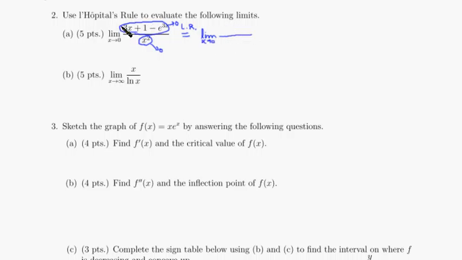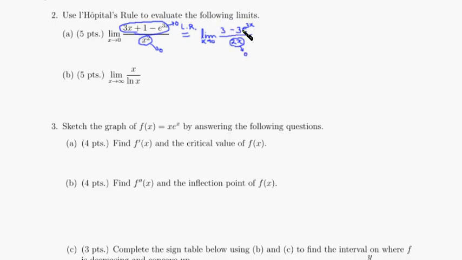Take the derivative of the top: the derivative of 3x is 3, the derivative of 1 is 0, and the derivative of negative e to the 3x is negative e to the 3x, multiplied by the derivative of 3x, which is 3. The derivative of the bottom is 2x.